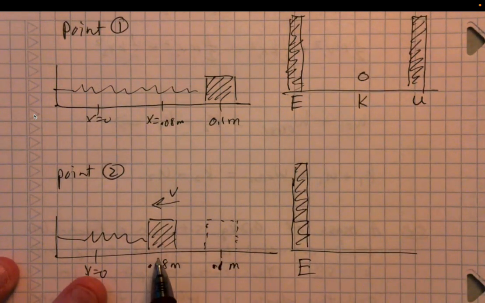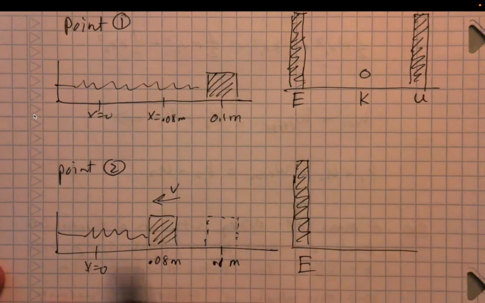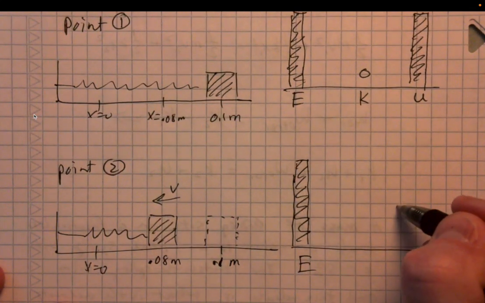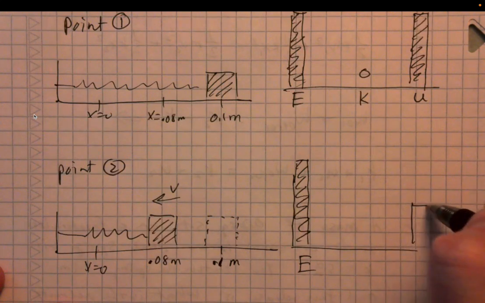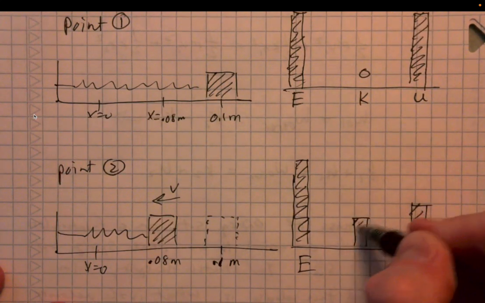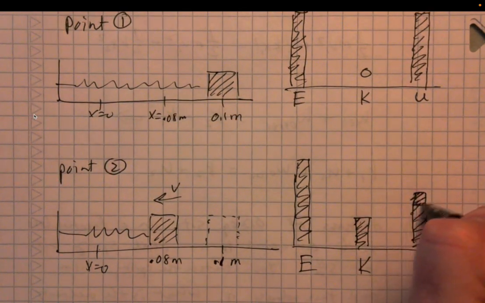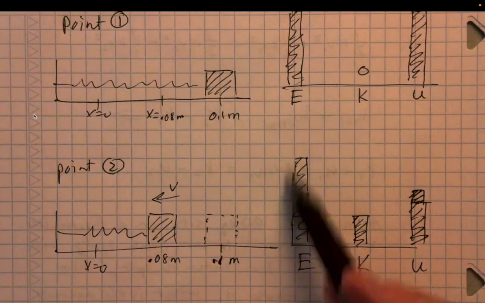It still has some, because the spring is still stretched and still pulling it. It will have potential energy until it gets to this point, and then it'll have no potential energy, having completely transferred all of it to kinetic energy. But at this midway point, it still has some potential energy, so that's still positive, but now it has some kinetic energy also. These two must sum up to the total energy.